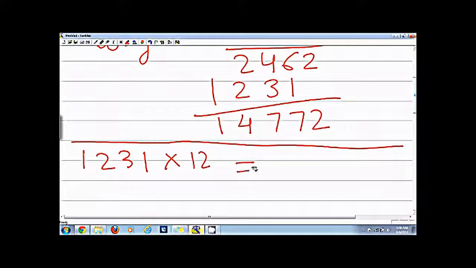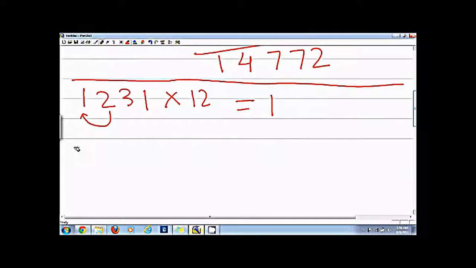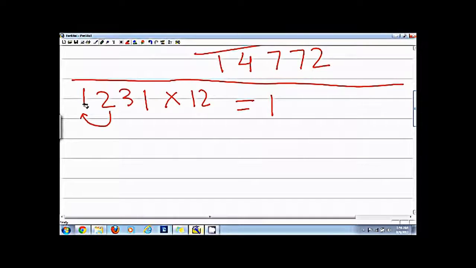So in this case what I'll do is I'll first write 1 and then add 2 into 1, but instead of adding it one time I will add it two times.